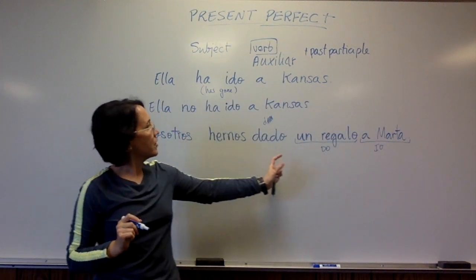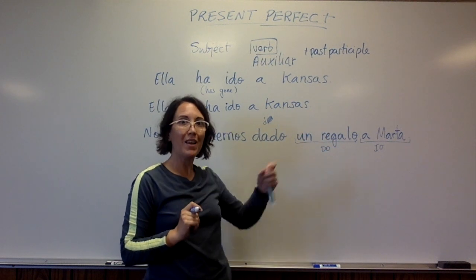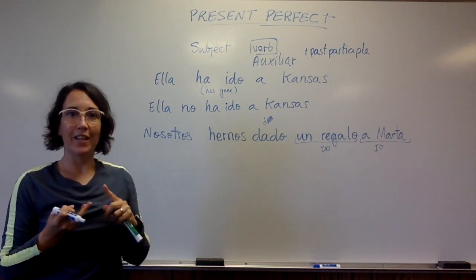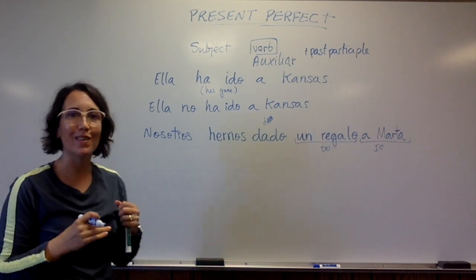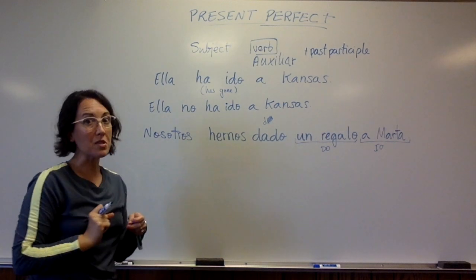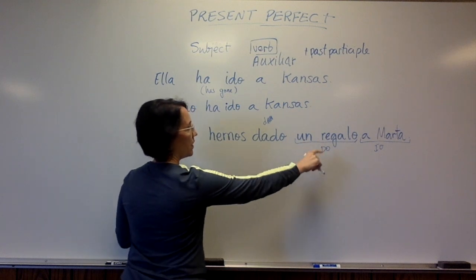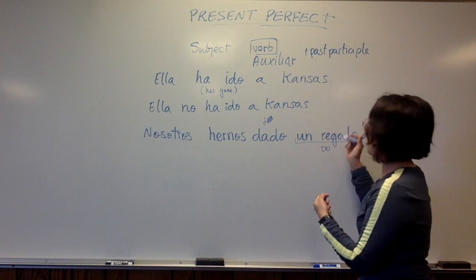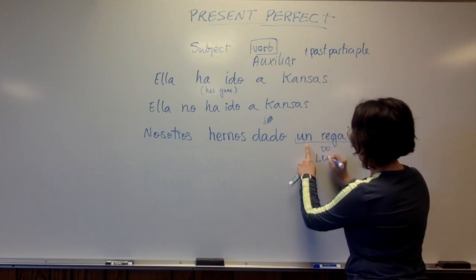When we have the whole word, we put it always after the verb. But, as we've seen before, we have the direct and indirect object pronouns, and those are placed before these verbs. So, we'll substitute un regalo. If it's a direct object and it's masculine and singular, it will be lo.